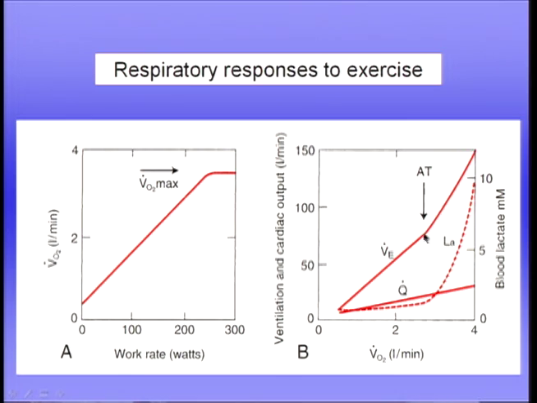But it turns out that at this threshold, the concentration of lactate in the blood, shown by the broken line here, tends to increase fairly rapidly, and the lactate then stimulates the peripheral chemoreceptors, increasing ventilation even more. The increased hydrogen ion concentration stimulates particularly the carotid body, and the ventilation increases more.